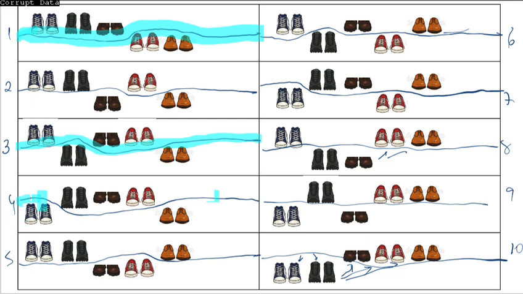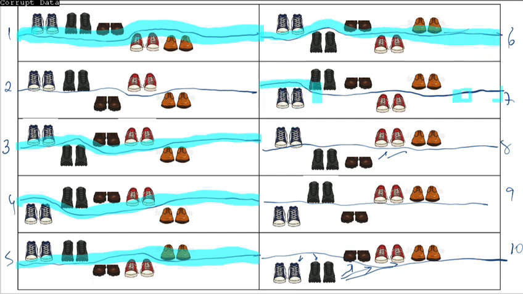So if you draw this line, you have 10 ways to select your 2 pairs of shoes to go to the trip, or in the same way, you're selecting 3 pairs of shoes to stay at your house. So that's what this property means.